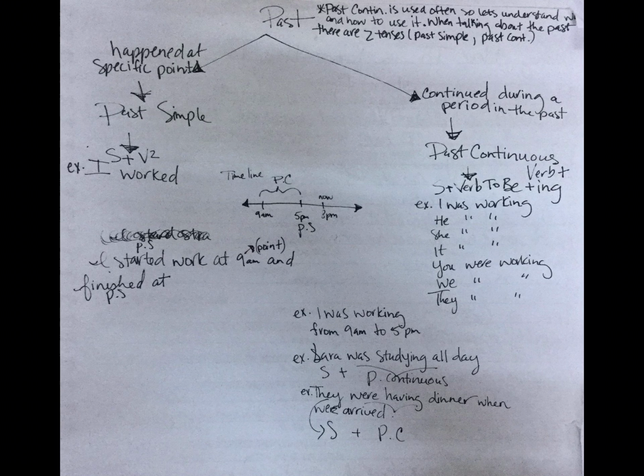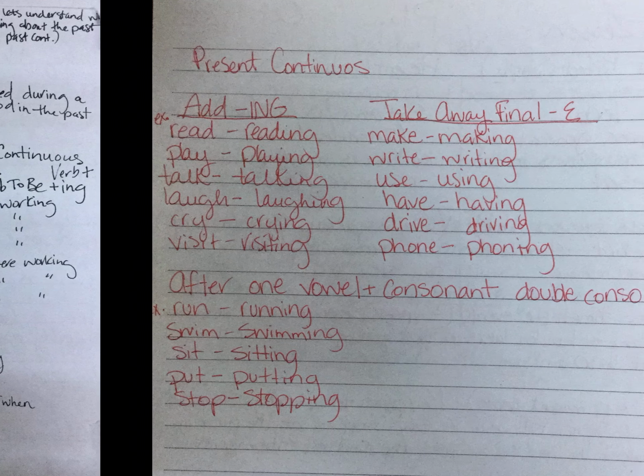We have the subject, and then we have the past continuous. Example for the past simple: I started work at 9 a.m. and finished at 5 p.m. So it's something that happened at a specific point, and which continued to the past continuous. That's basically what the past simple and past continuous is about.